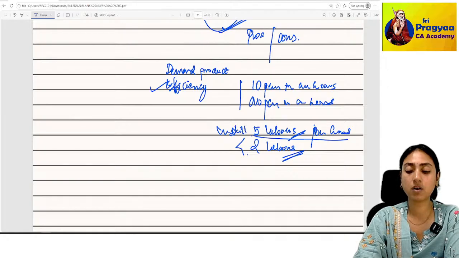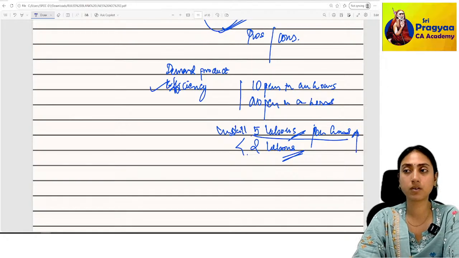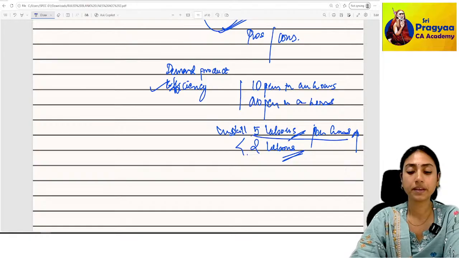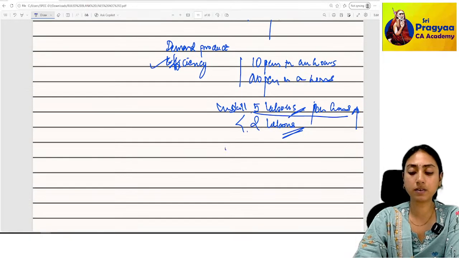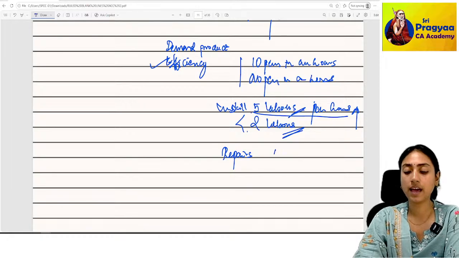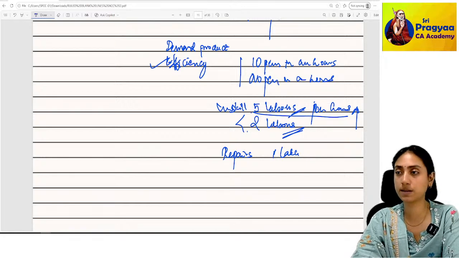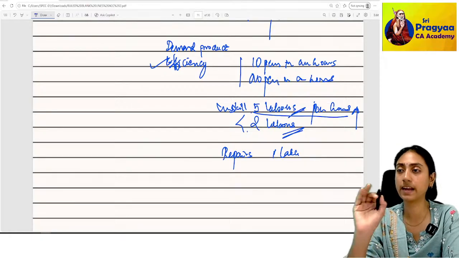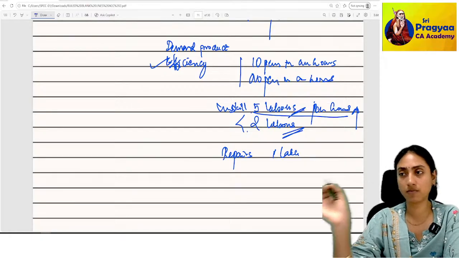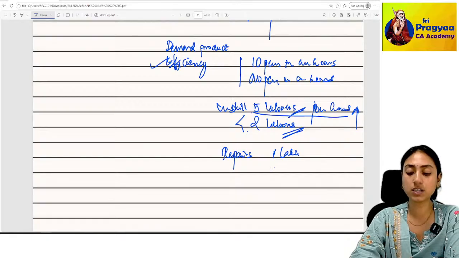அப்படிங்கும்போது my cost of labor will go up. And say my repair cost, since it's an old machinery, I am spending about 1 lakh every year. But this being a new machinery, for the first 2 years I don't have to spend anything, it will get covered under my guarantee, warranty, AMC, everything. But then after 2 years I'll have to spend 2 lakhs.